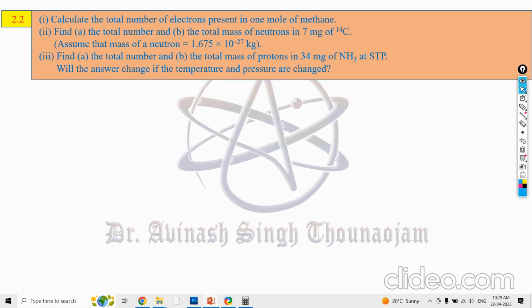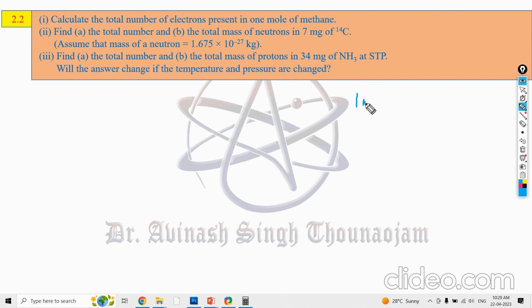Calculate the number of electrons present in 1 mole of methane. Let's solve it. Methane has carbon and hydrogen. Carbon has 6 protons, so it has 6 electrons. Hydrogen has 1 proton, so it has 1 electron, and methane has 4 hydrogens, so 4 electrons.